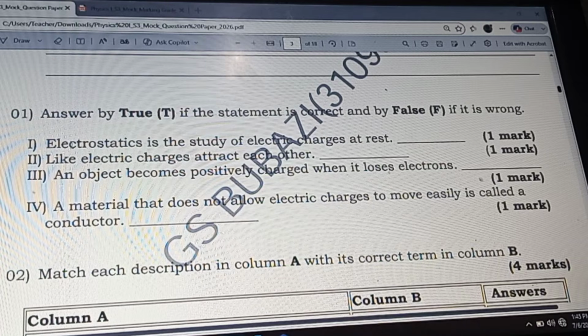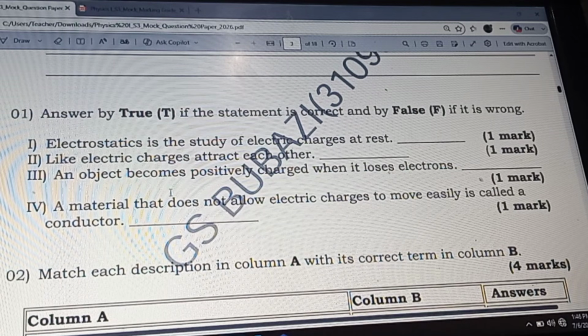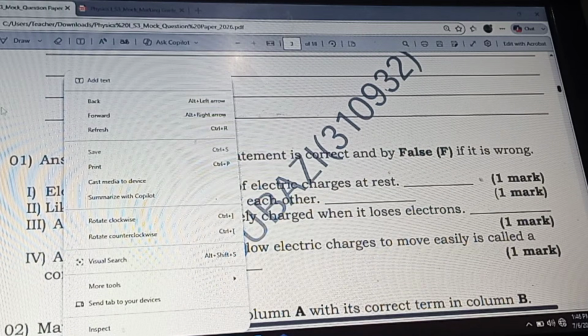This is false because like electric charges repel each other while unlike electric charges attract each other. Positive and negative attract each other, but positive repels positive and negative repels negative. This statement is false. III. An object becomes positively charged when it loses electrons. This statement is true.